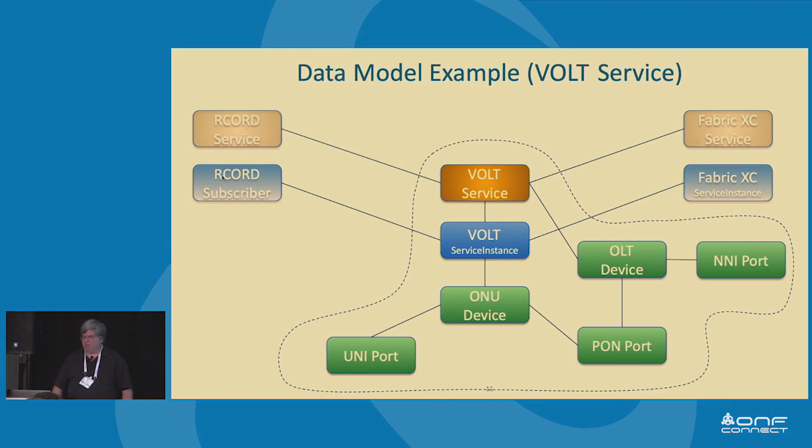Now, that was global. There's also this per subscriber aspect to it. You've got a subscriber object within the rcord service that has data related to just one subscriber. That is that subscriber's point of presence in that rcord service. That, in turn, depends on a certain point of presence inside the virtual OLT service.